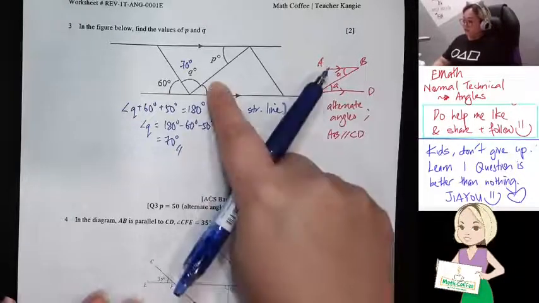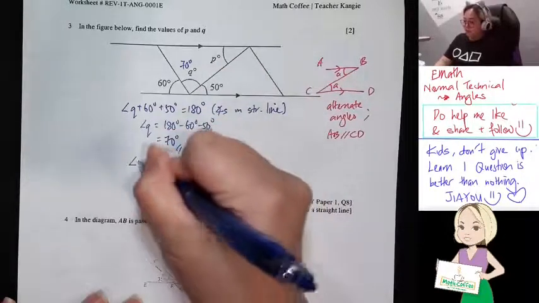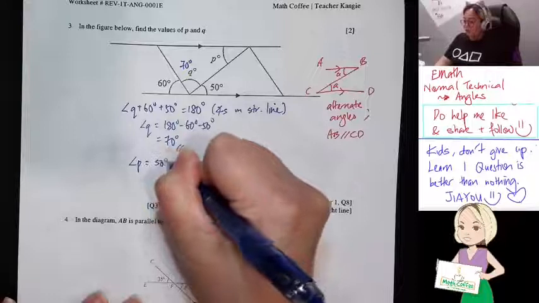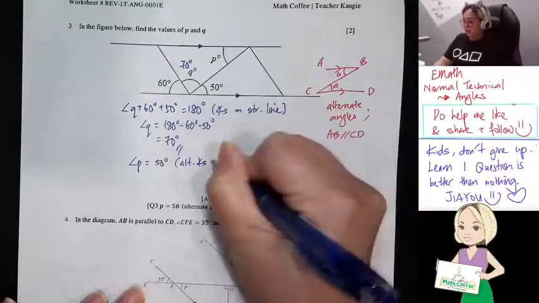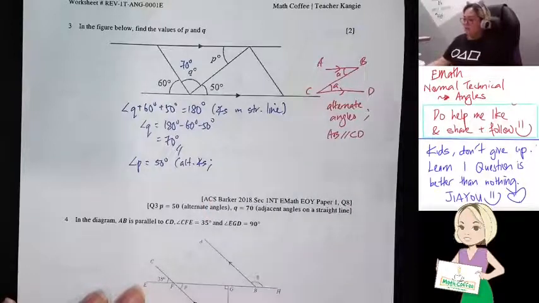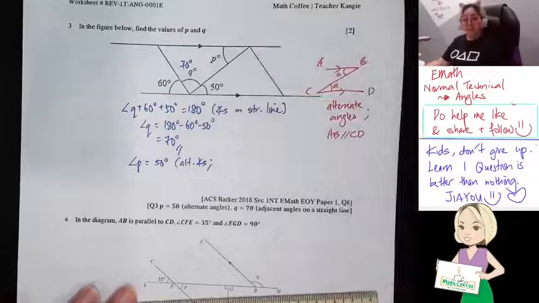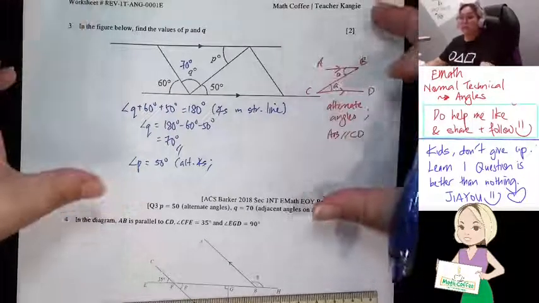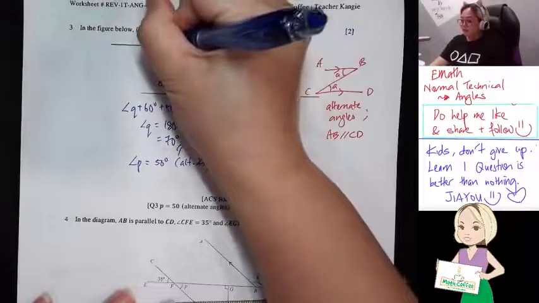So 70. So you see, this is how you present. You will say angle P is equals to 50 degree. So you will say alternate angles, colon. For this case, they did not give me the alphabet. But Teacher Kangie is very kiasu. Since it's a paper, the question is in front of you, so for me, I will label the point myself.